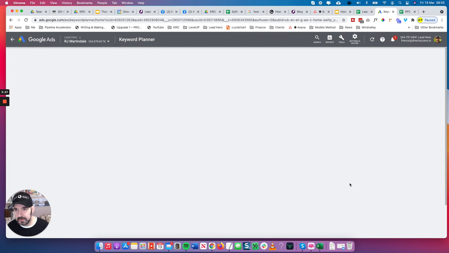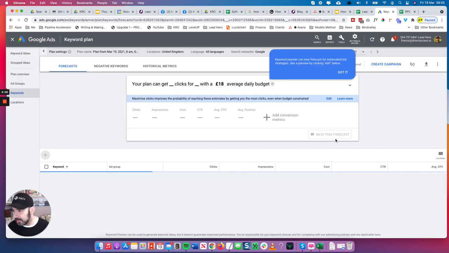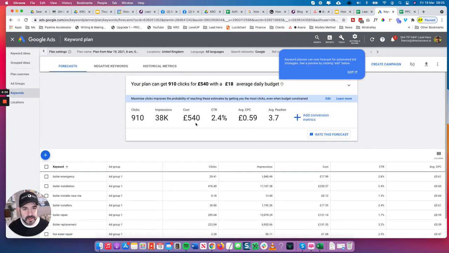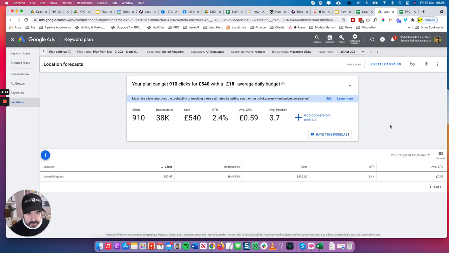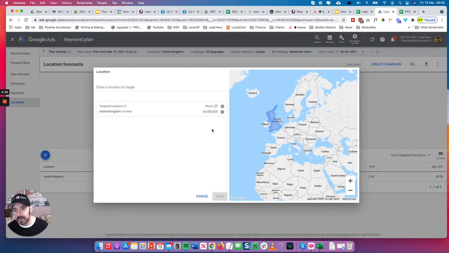That's gonna think a little bit. Then we want to go to the locations up here. So click on that, and then we just want to go to locations in the left-hand top menu. And then basically we want to put in the locations that we want to target. So the default is United Kingdom. So let's just take one place.